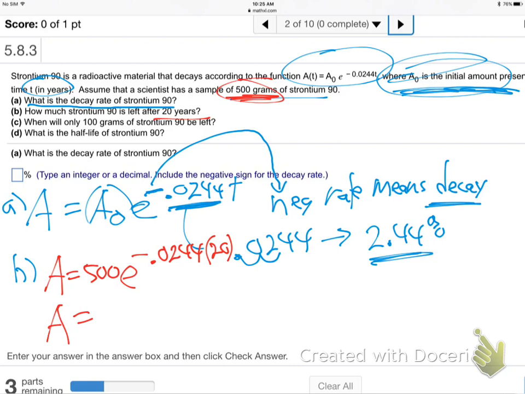So 500 times e to the power. I'm getting 306.9. I don't know how far they want you to round. They'll tell you. So about 306 grams of that strontium is left after 20 years. A bunch of it has gone away, right? We started at 500. It came down to 306.